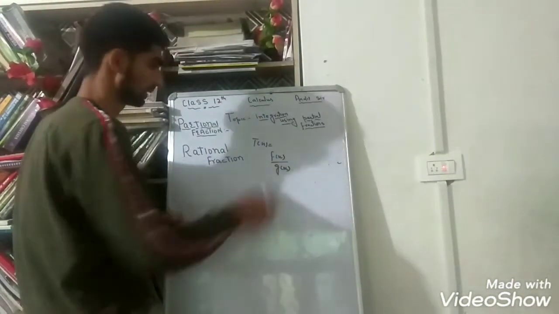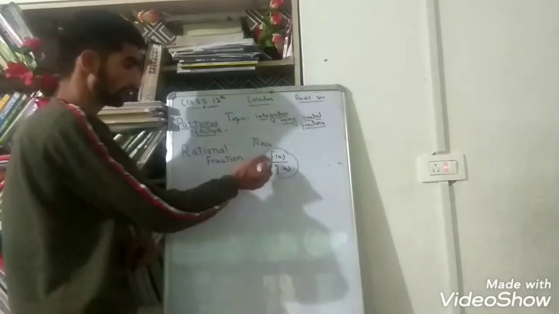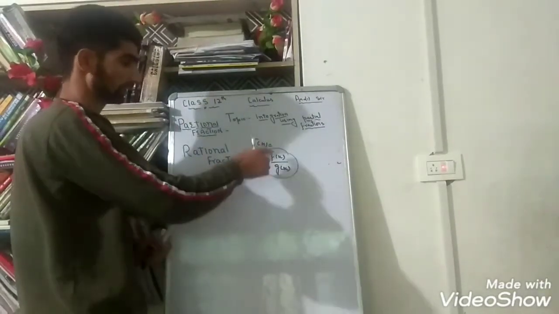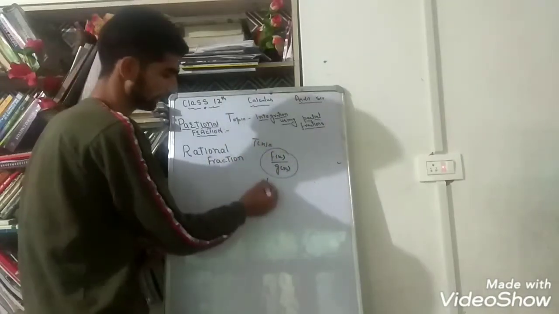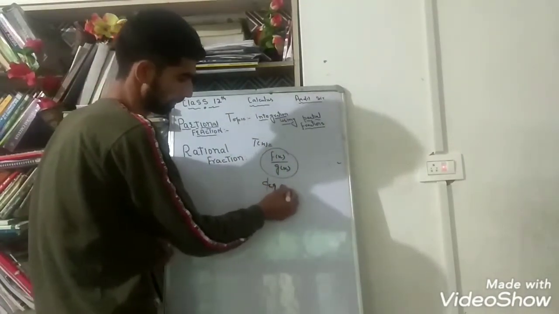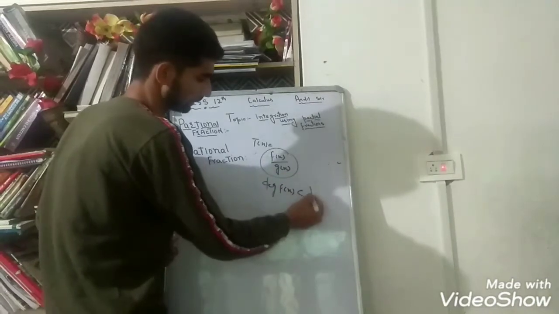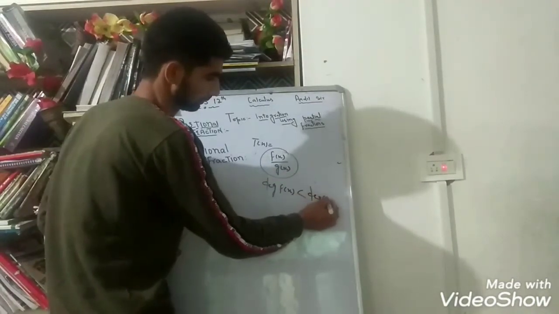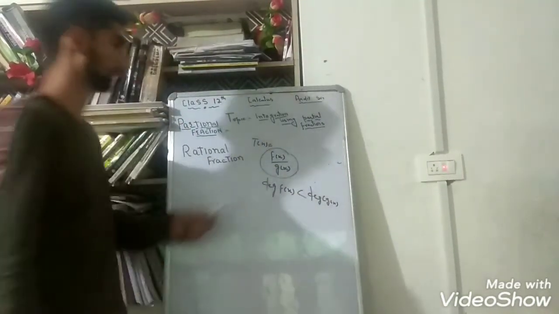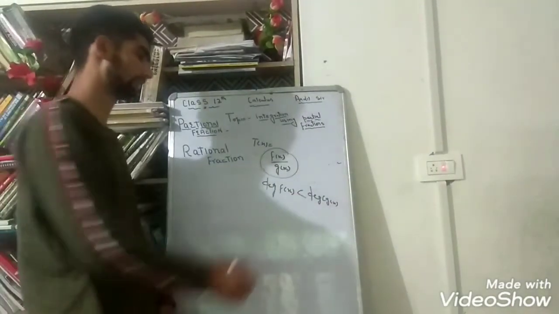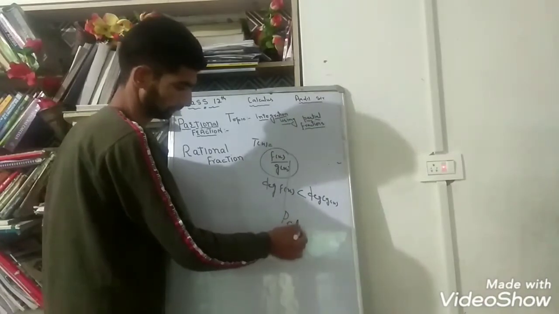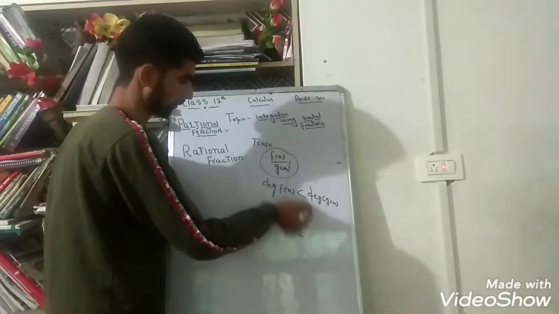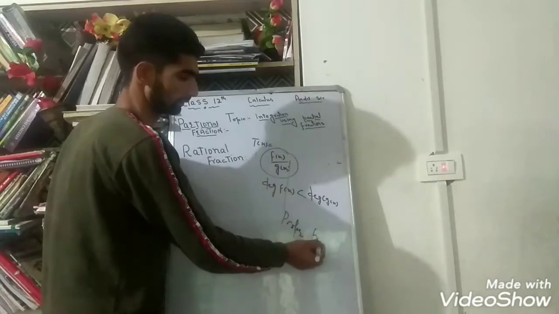We call this a proper rational fraction if the degree of this f(x) and g(x), which are polynomials in x, if the degree of f(x) is less than the degree of g(x), then we say this is a proper fraction.